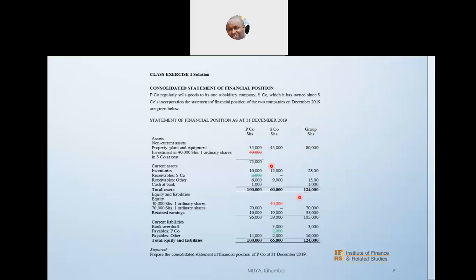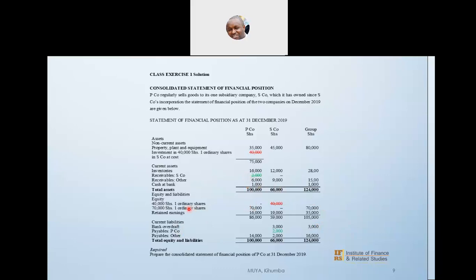The 40,000 investment in the subsidiary cancelled out with the equity shareholding in the subsidiary, so that doesn't get added up. Then you look at the inventories, we add them together to get 28,000. Receivables in S was cancelled out, so we leave that out. Other receivables, we add them, and so is cash at bank. But notice, we didn't cancel out cash at bank with bank overdraft.